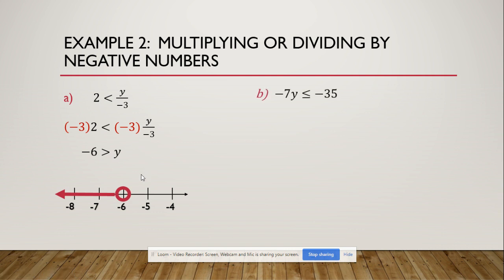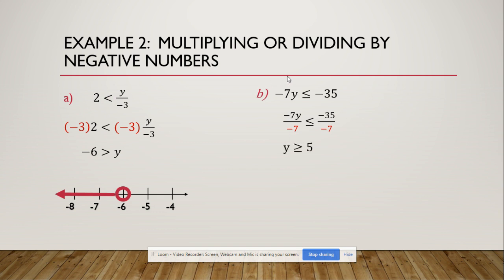All right, next example, negative 7 times y is less than or equal to negative 35. We need to eliminate the negative 7 because we're multiplying by it. The inverse would be divide. Negative 7 over negative 7 is going to be a positive 1, so we'll just have 1y. Negative 35 divided by negative 7 is going to be positive 5.